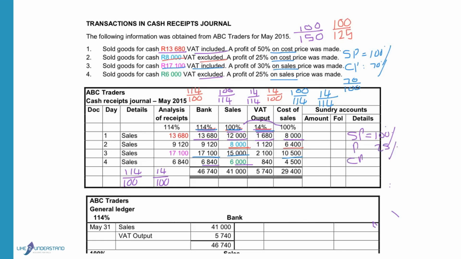And the cost price is then 75%. When I calculate the cost price, the one that I want is 75. The one that I know is 100. The sales price times 6,000, and that will give me 4,500 Rand.